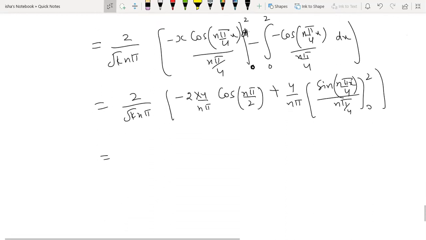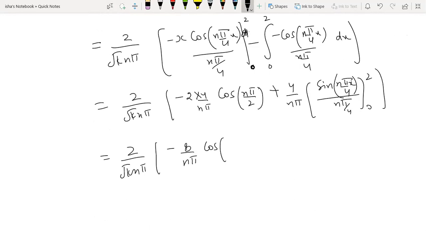Now you just simplify. So this is minus 8 by n pi cos n pi by 2. This will be 16 by n square pi square sine n pi by 2, and the lower limit will be minus sine of 0, because for x you put 0, and sine 0 is 0. So this is what you are getting.